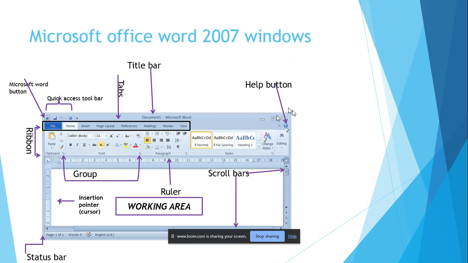Very well. Then we have the working area. This is where, the moment you manipulate text, your text will be held. And then we have the status bar at the bottom of the working area. The status bar contains the page number and the words within the page, and all that.